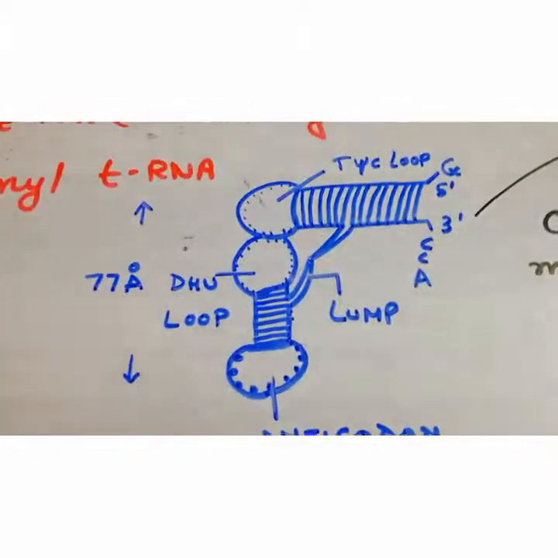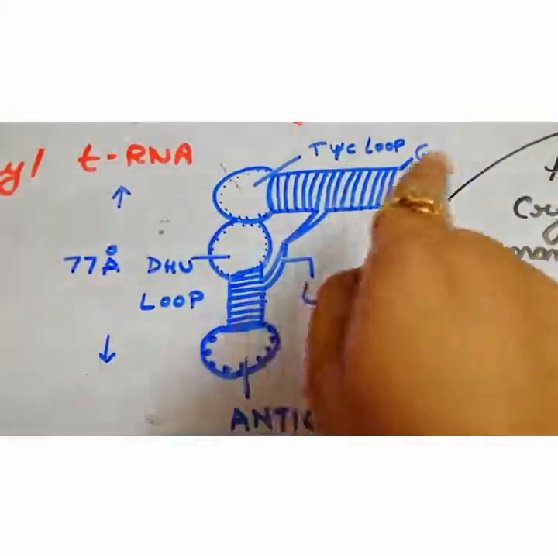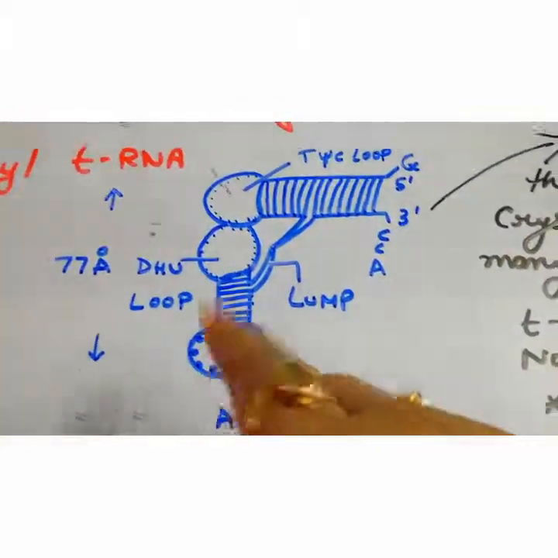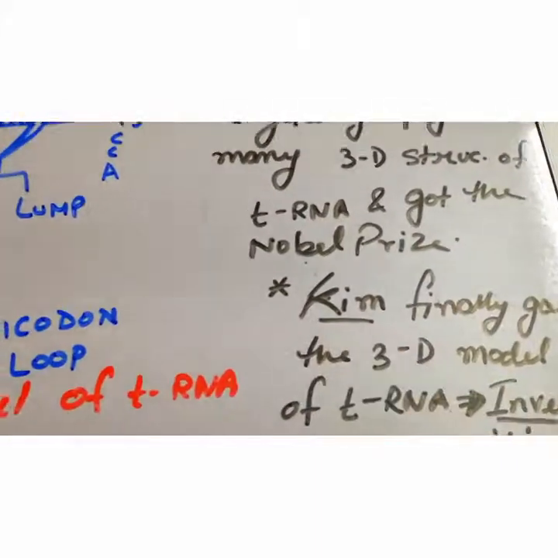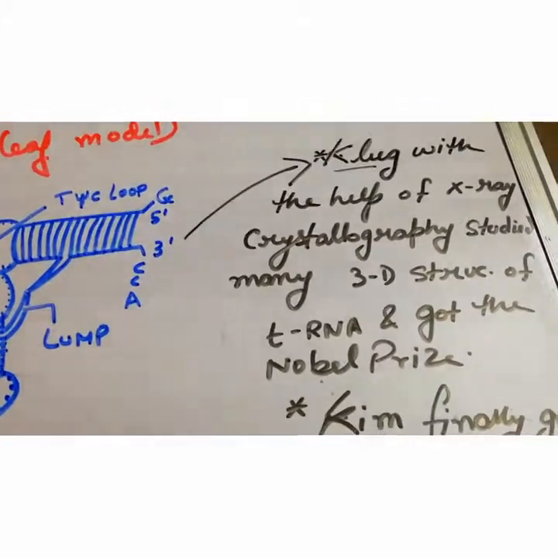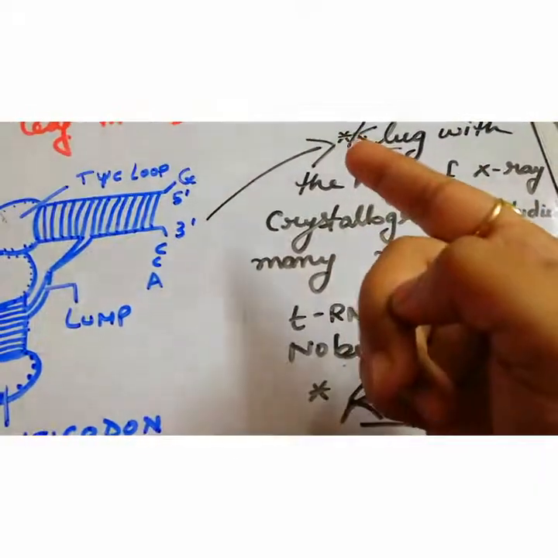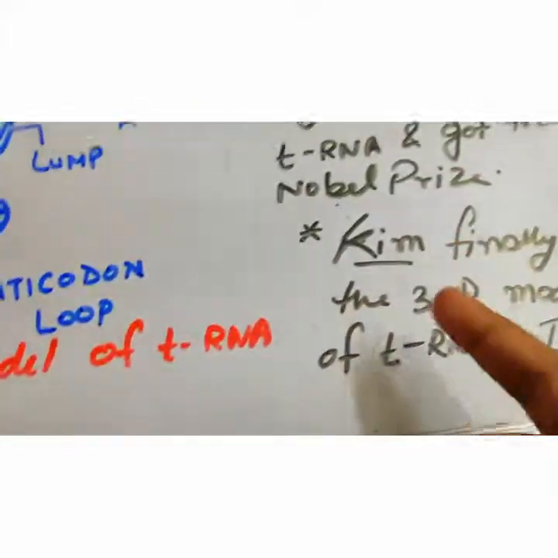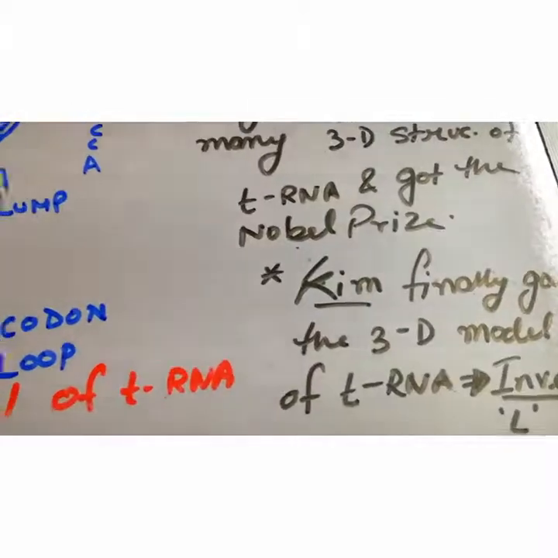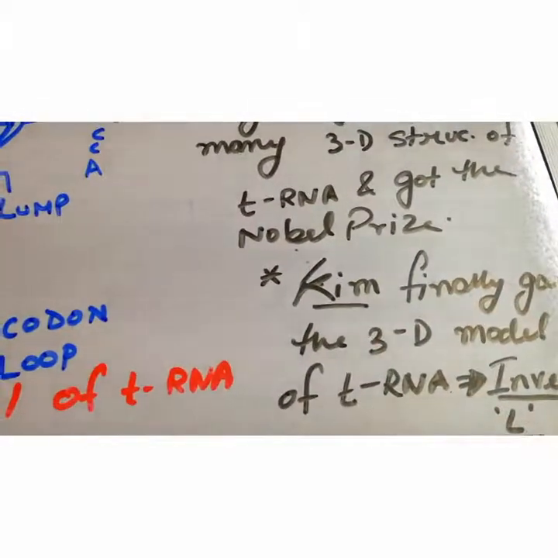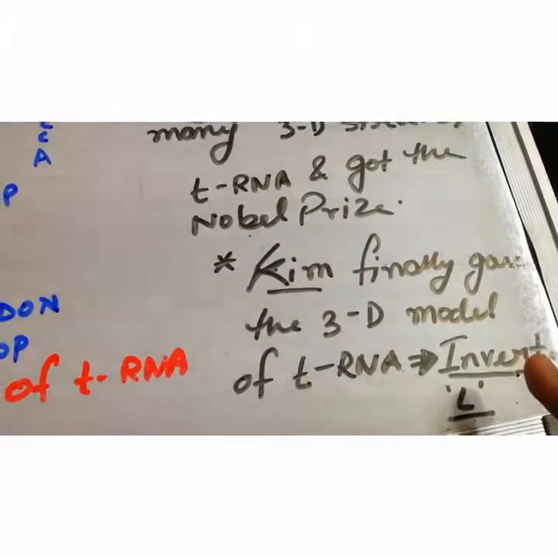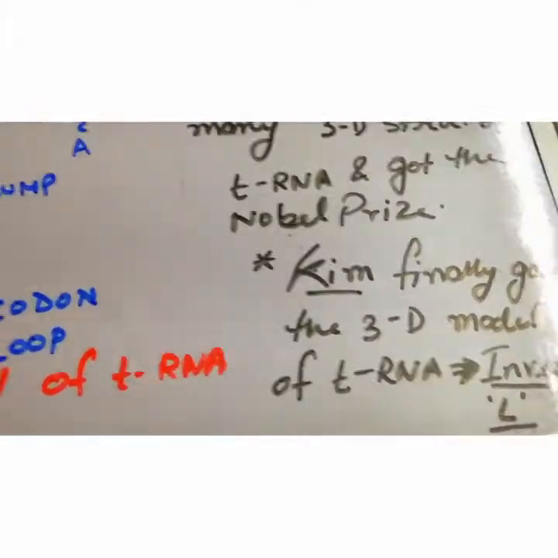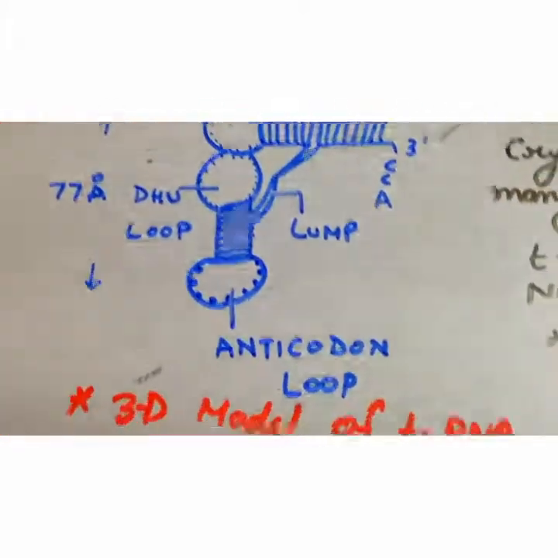As you can see, this is the inverted L-shaped model, and this was given by Kim after several contributions of Klug. Kim got to know the 3D model of tRNA, which was supposed to be like an inverted L letter.